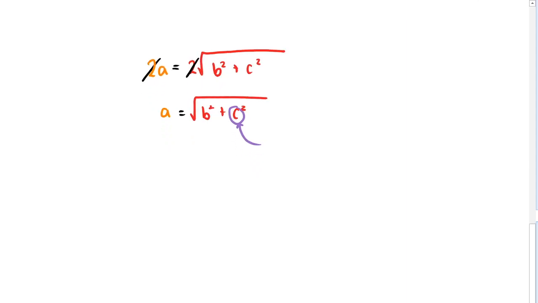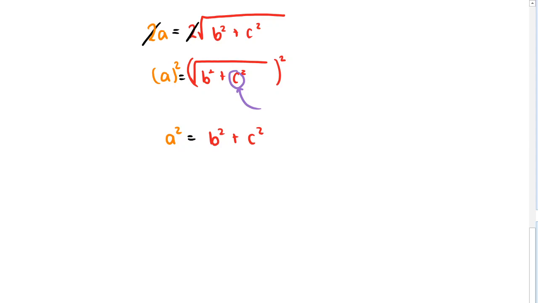And so let's get that c variable alone. And we can do that by squaring both sides. Right? If I square the right side and I square the left side, what we get is a squared equal to b squared plus c squared.